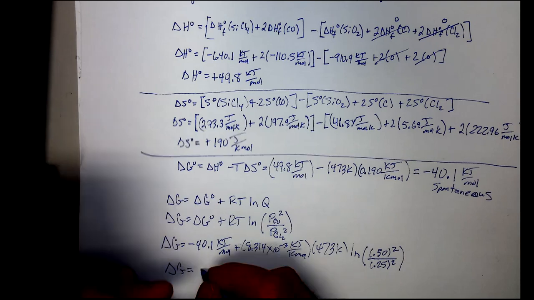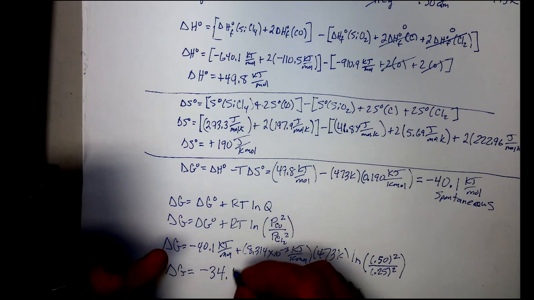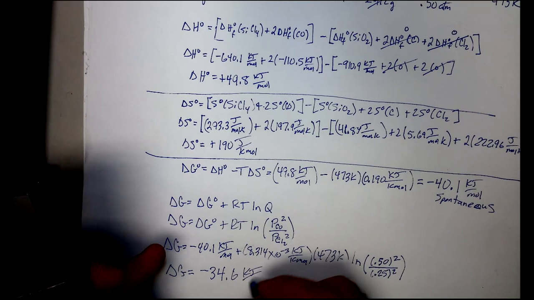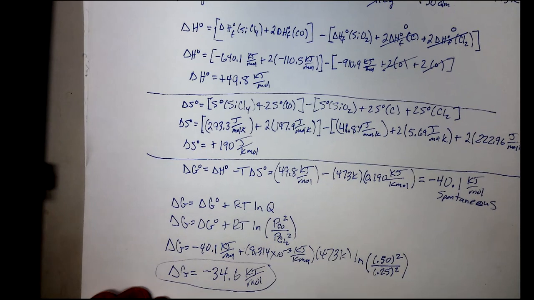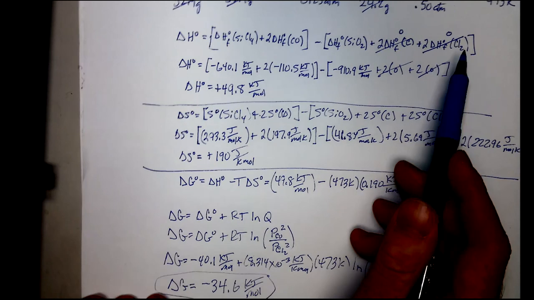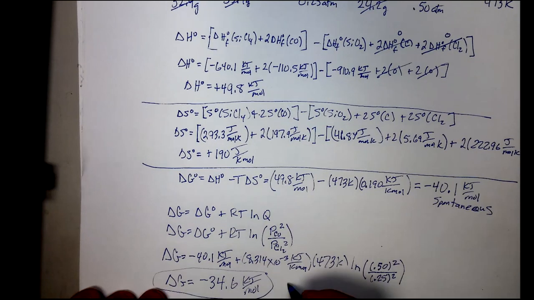And so we get a negative 34.6 kilojoules per mole. And so what we find is that this is the delta G under those non-standard pressure conditions. So it's not 1 atm, it's non-standard pressure conditions, but we can still say this reaction is spontaneous.